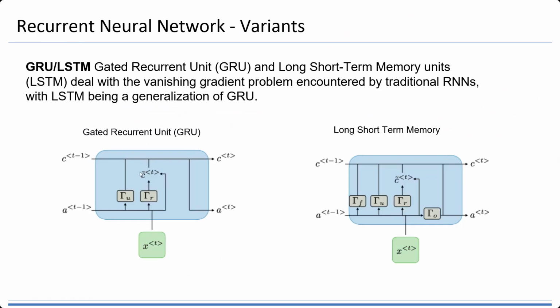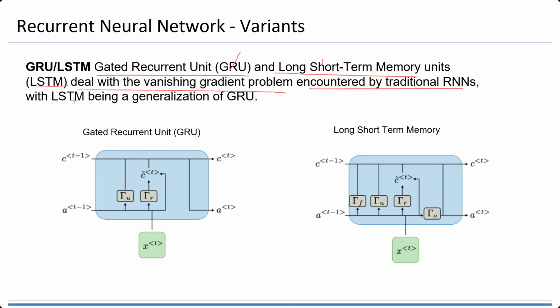Some other variants of the RNN we can look at are GRU and LSTM. GRU refers to gated recurrent unit. LSTM is long short-term memory units. Both of those variants deal with the vanishing gradient problem encountered by a traditional RNN.